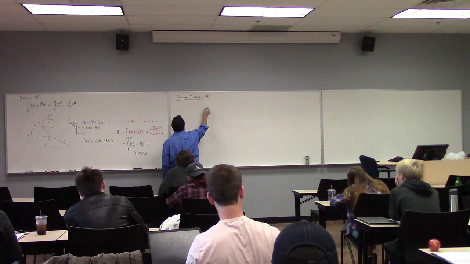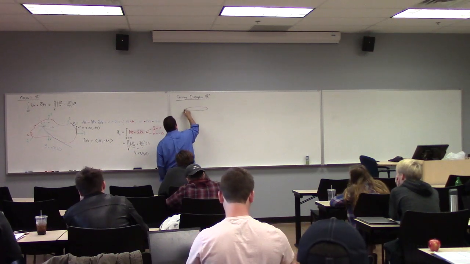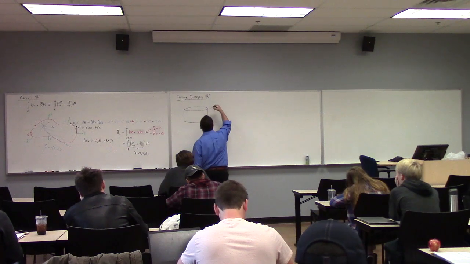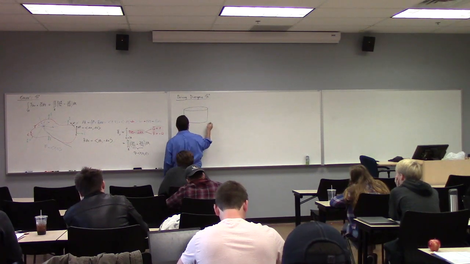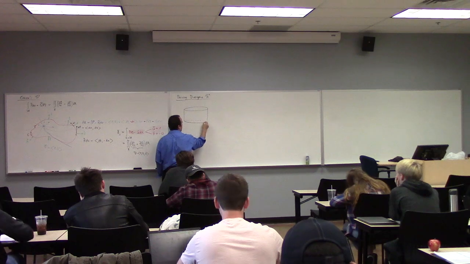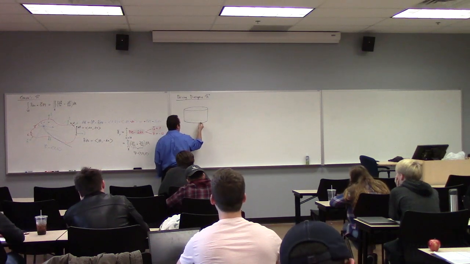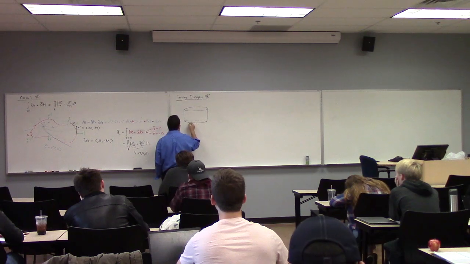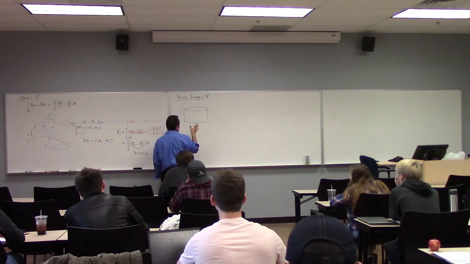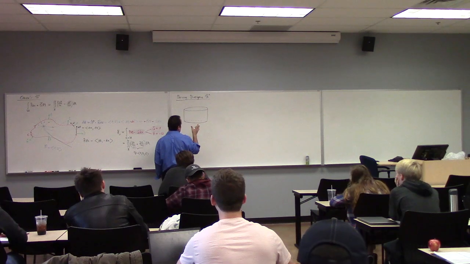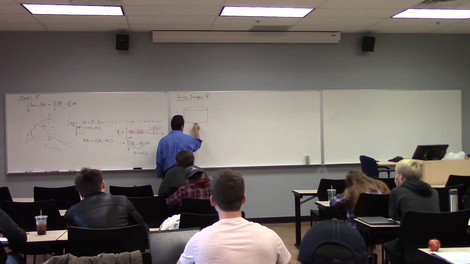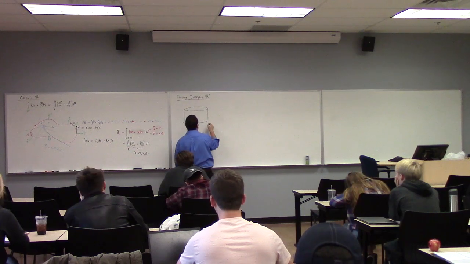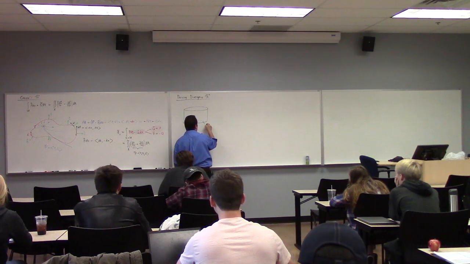So let's see here. Let's look at a little pillbox, all right? And I'm thinking of this curve down here being C. And I want the base here to be z naught.